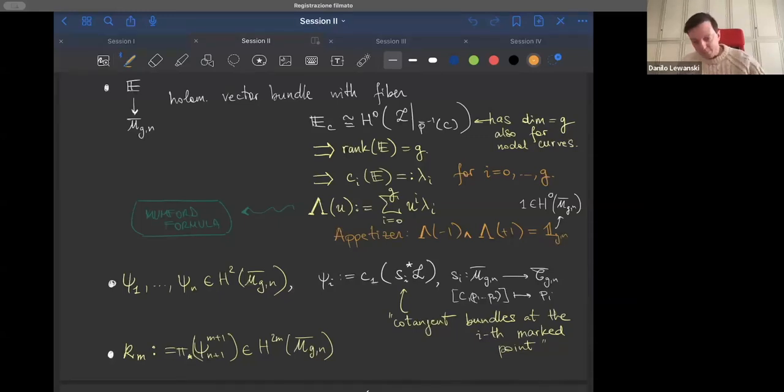And this object was studied by several people, and in particular, Mumford in '83 gave a beautiful formula for this big lambda. It just so turns out that lambda evaluated at 1, so if you substitute the variable u with the value 1, is just the inverse of the class lambda where u is substituted with the value -1. So if you take the product of these two lambdas at -1 and at 1, you just get the fundamental class.